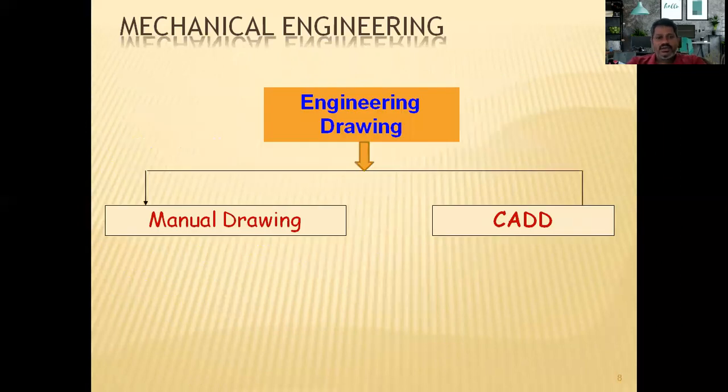Now, what are the different types of engineering drawings? Engineering drawings can be manual drawing, or computer-aided drafting, so CAD drawing and manual drawing. In the olden days, everything was manual: production drawing, assembly drawing, machine drawing, engineering drawing, everything was manually drawn.